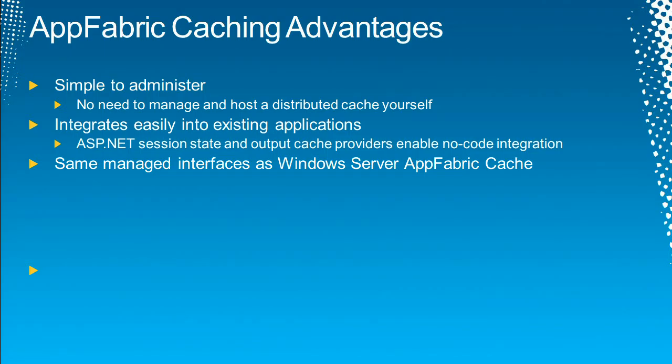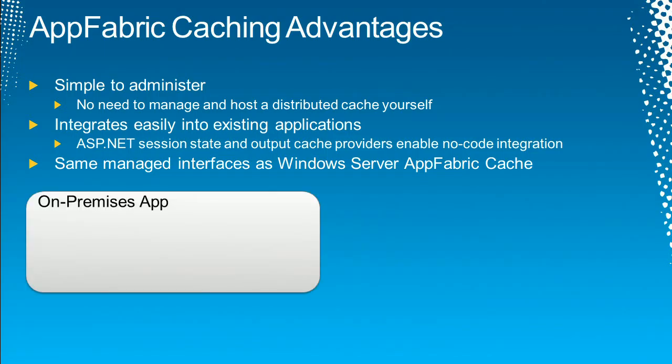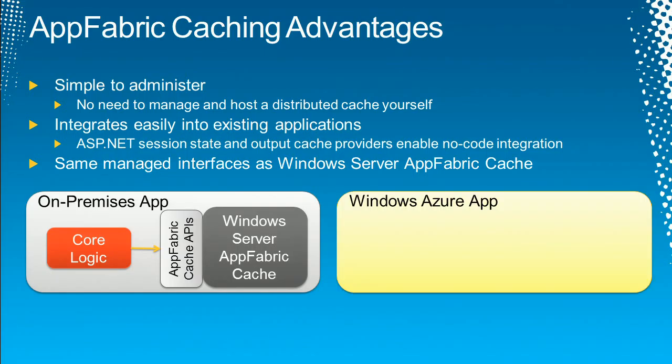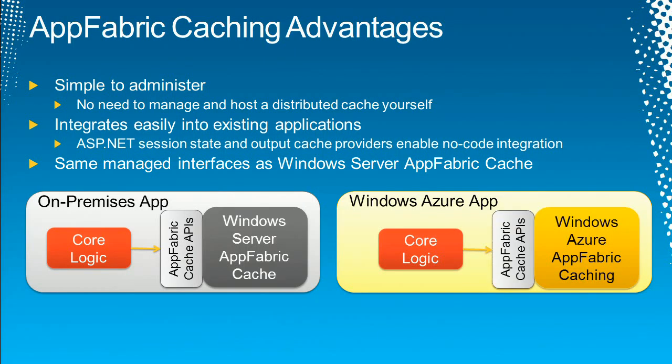And if you're one of those people who has an on-premises app that uses Windows Server App Fabric, you can then use that same code and you just compile it against the cloud. You don't have to change anything, and it works in the cloud as well. So this is one of these nice portability stories between on-premises and Windows Azure.